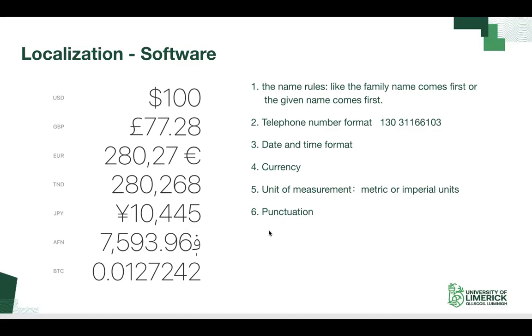Then the last one, don't forget punctuation. In different languages, the punctuation is totally different. Sometimes I type in English but forget to change the input language, and the punctuation needs more space to show, like this.